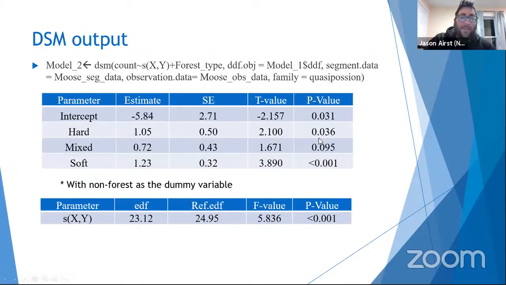So in this, I decided to use a simple spline with the X and Y variable. The other option is to use a tensor spline, where you look at the interaction between the two variables in the non-linear variable.